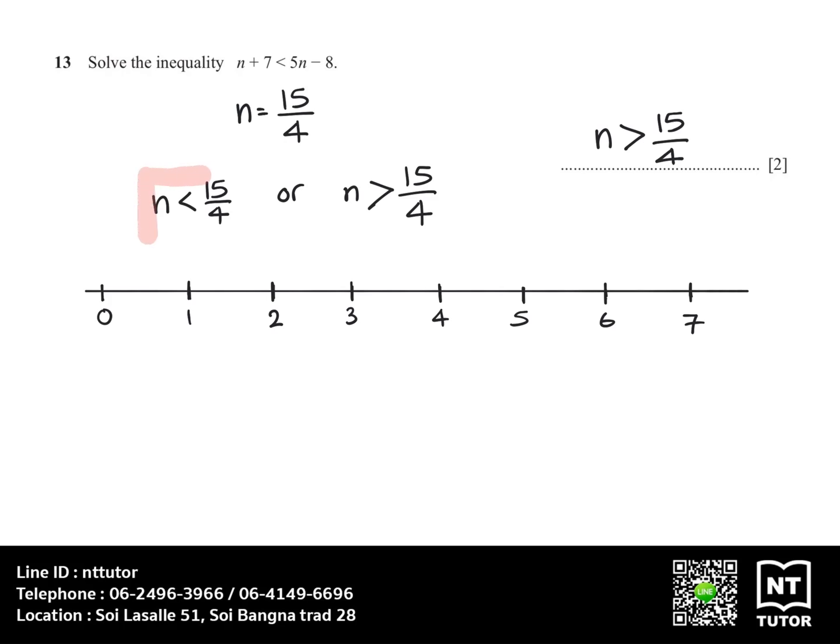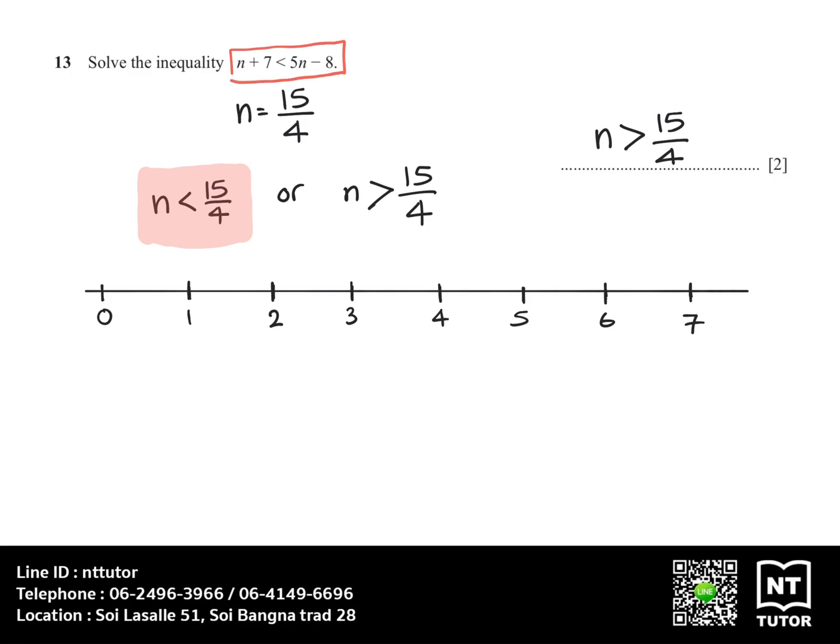If this inequality is the correct answer, this means that our value of n is less than 15 over 4. This means that all numbers less than 15 over 4 will satisfy the original inequality right here.